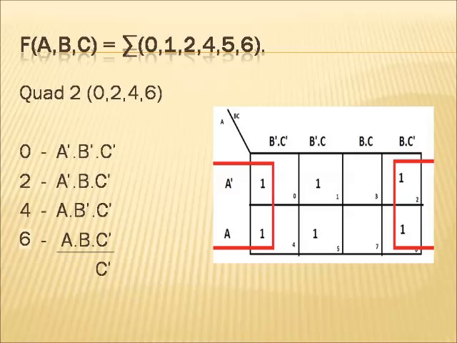Then consider c bar. Here you can see that c bar is the only unchanged variable. So when we reduce quad 2, the unchanged variable is c bar, and the reduced form of quad 2 is c bar. Okay.